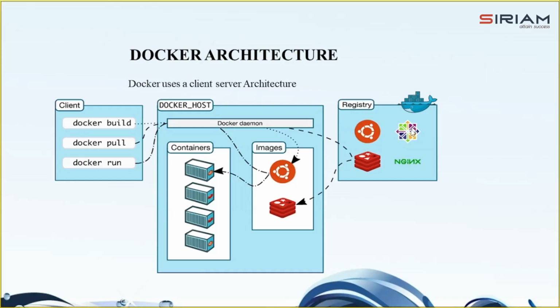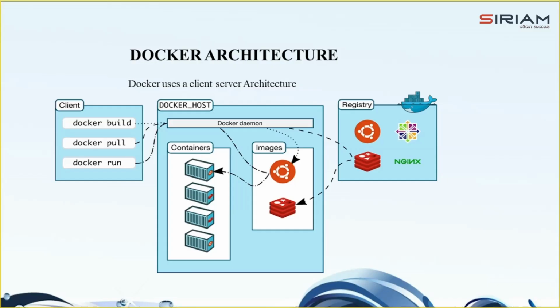And what are Docker registries? A Docker registry stores Docker images like Nginx, and the public registry is what we call Docker Hub. Docker Hub is a public registry that anyone can use, and Docker looks for images on Docker Hub by default.